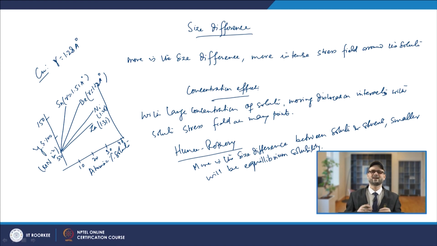You have larger solubility of carbon when you increase the temperature, and then when you cool from austenite you get martensite.